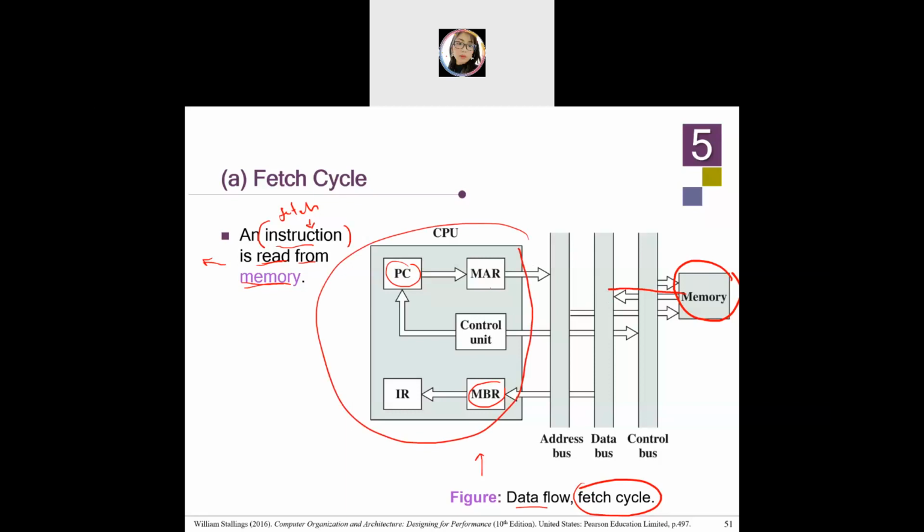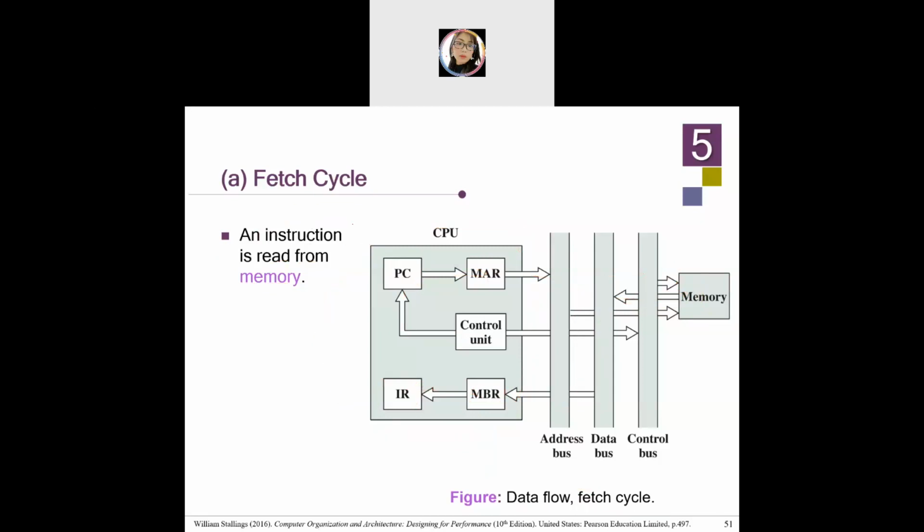The control unit will inform PC to get from memory. Memory will return it back, and it goes to the MBR and lastly to IR. So first of all, what you need to know is it will fetch the instruction from your memory.